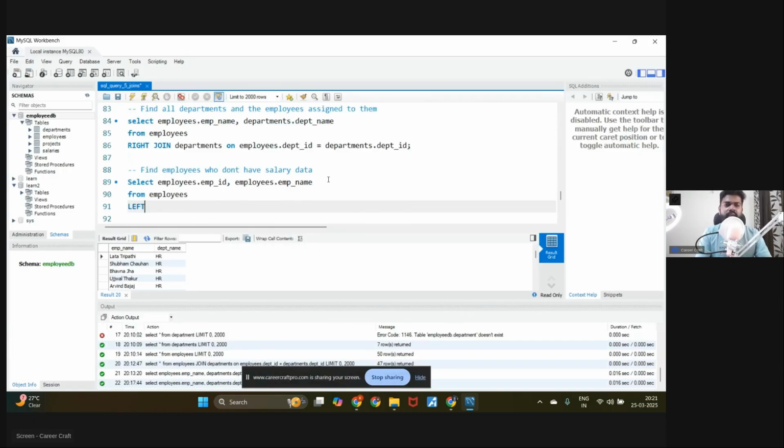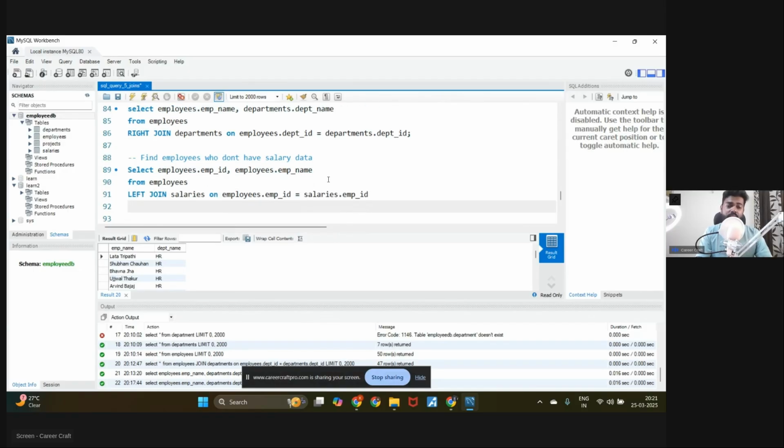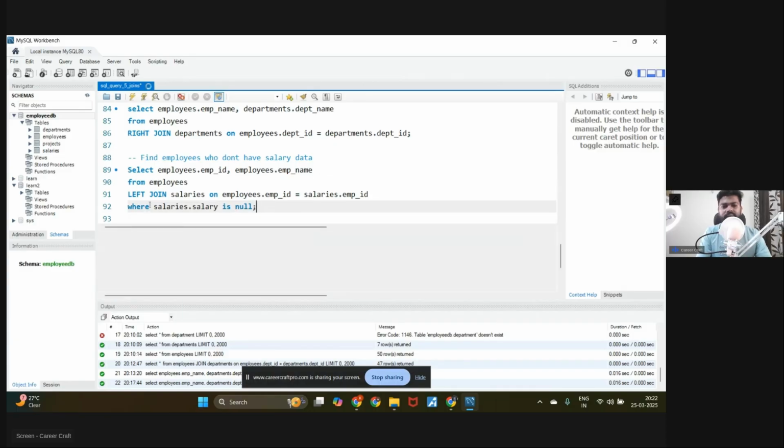Left join salaries on employees.empid equals salaries.empid. Now, the condition is those who don't have salary data. So here you have to write where salaries.salary, the column name, is null. This is the way you have to write.